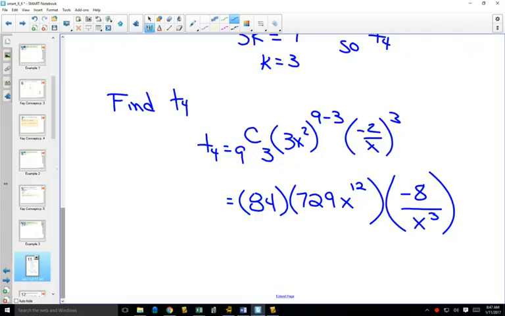So we're going to multiply our coefficients together. 84 times 729 times negative 8. This is negative 489,888. And can you see that you have 12 x's on the top, 3 x's on the bottom, and that simplifies to x to the 9.